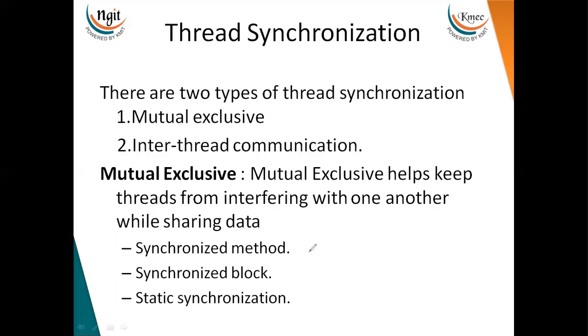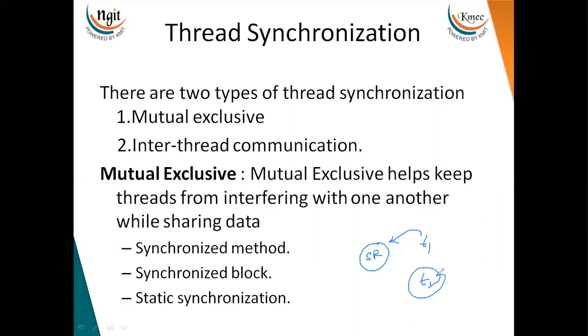This shared resource is used by T1, and it stops the other thread from utilizing the same resource. In the sense that it keeps threads from interfering with one another while sharing data. That is the main advantage of mutual exclusion, right?